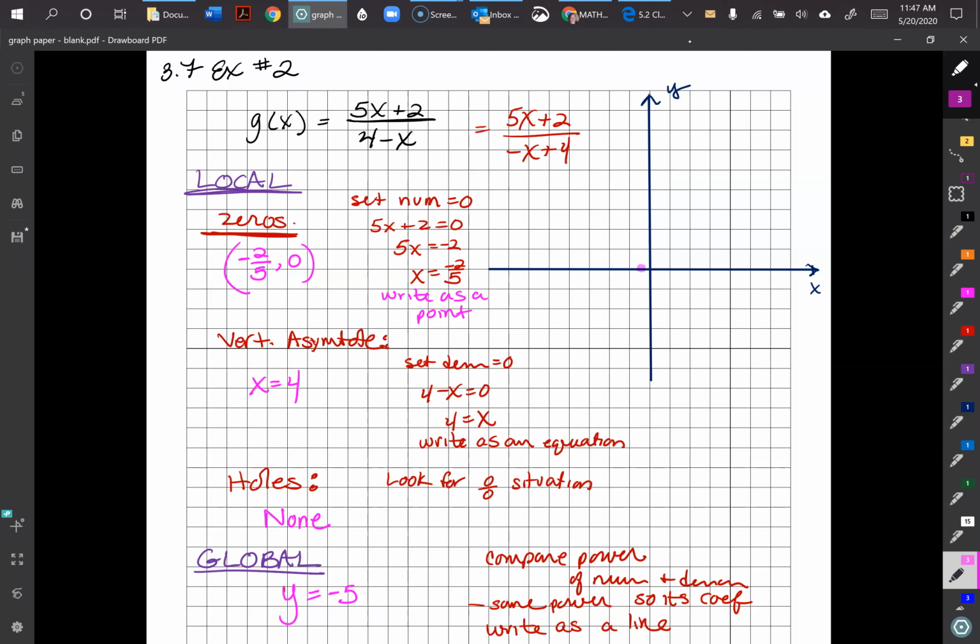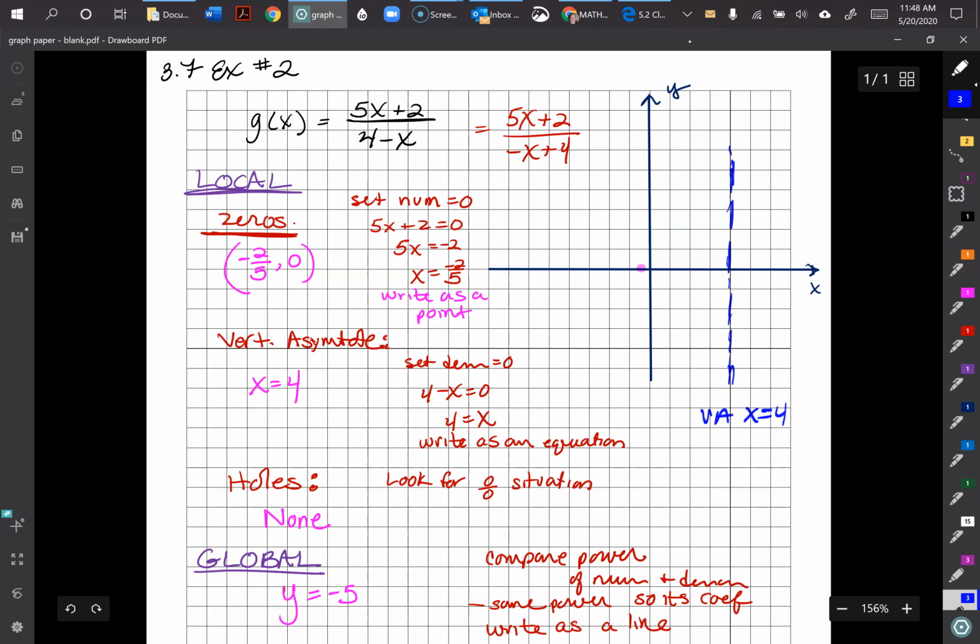Then I'm going to put in my vertical asymptote, which will be at x equals 4, which is over here. 1, 2, 3, 4. You can see that good enough. So that's vertical asymptote, x equals 4.